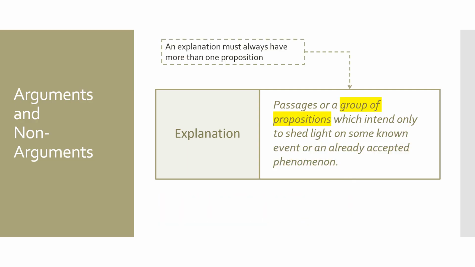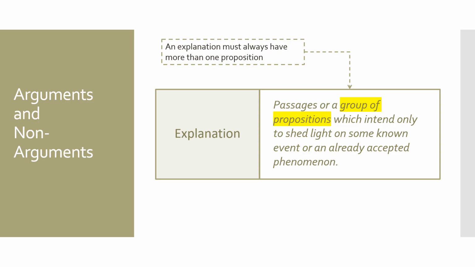So the second important idea we can get from this definition is that an explanation is always going to be a group of propositions. That means that an explanation must always have more than one distinct proposition for it to be an explanation at all. And in this sense, it has something in common with an argument, something that makes it pretty easy to confuse the two.